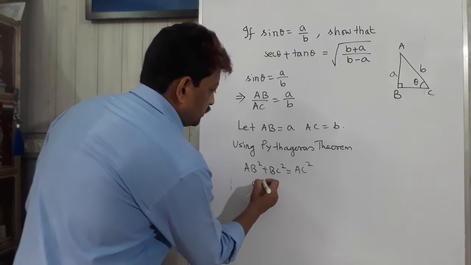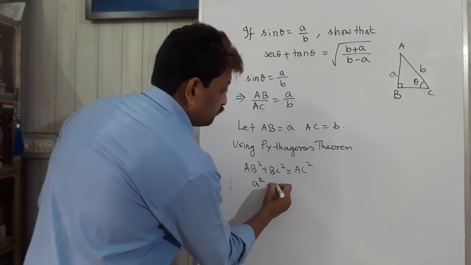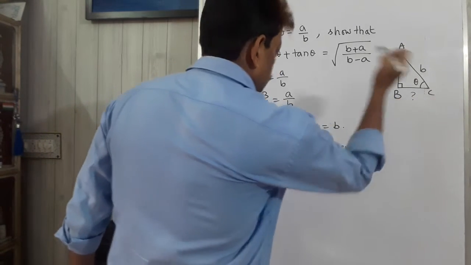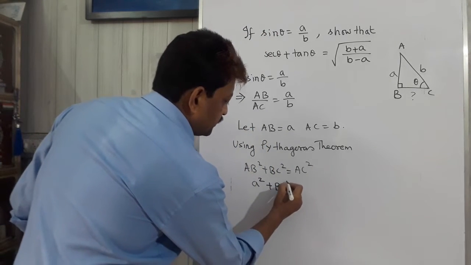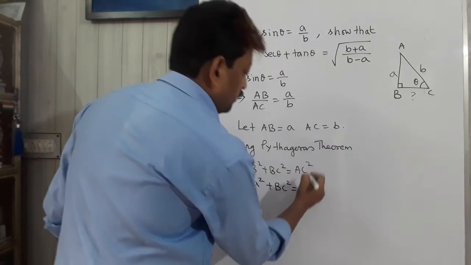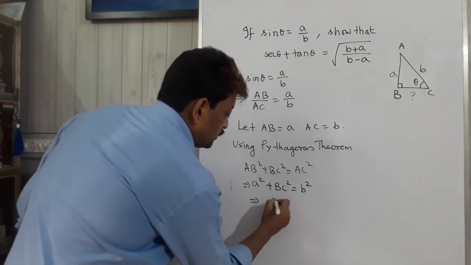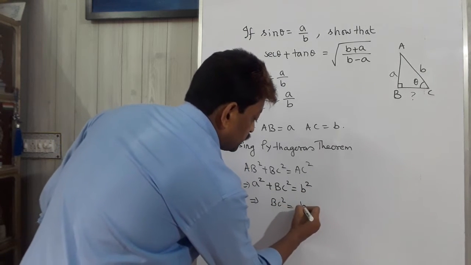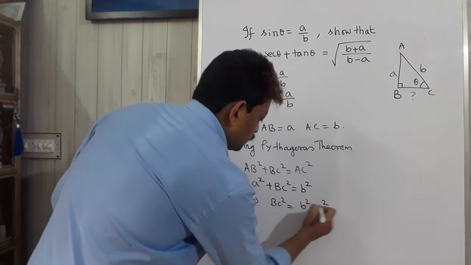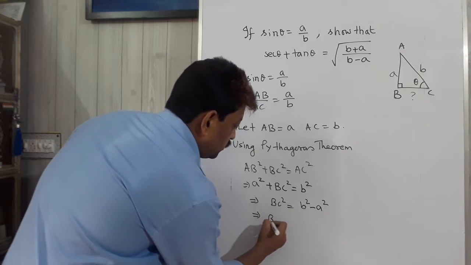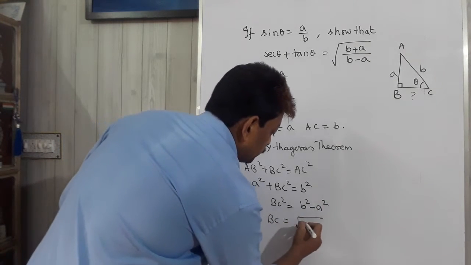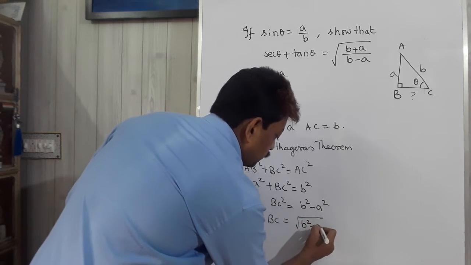So AB is a, so a square plus BC square, which is not known, so keep BC square as it is, and AC square will be b square. So BC square equals b square minus a square, that is BC will be root over b square minus a square.